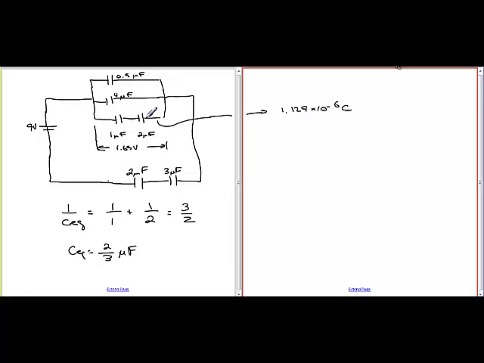The charge on this plate is 1.129 times 10 to the minus 6. The charge on this plate is 1.129 times 10 to the minus 6. This will be positive, this will be negative, this will be negative, this will be positive.